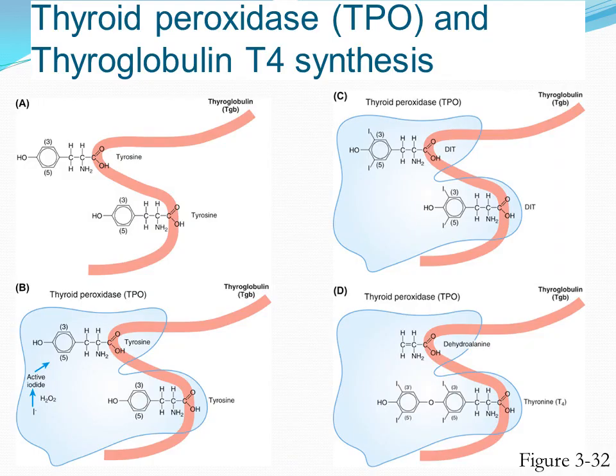So here we can see more detail about what is occurring in that colloid, in that middle area where we have the thyroglobulin. And basically what thyroglobulin is, it's just this long protein made up of peptides that holds the tyrosines in place, so it gives correct structure and to where they're located next to each other.